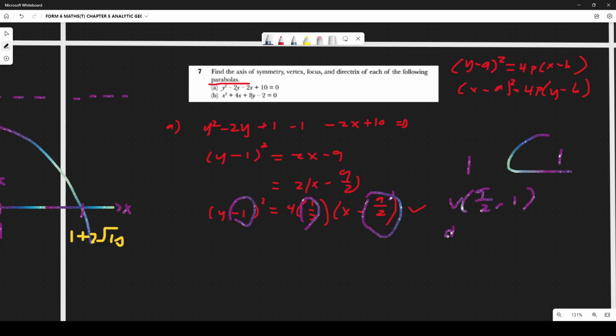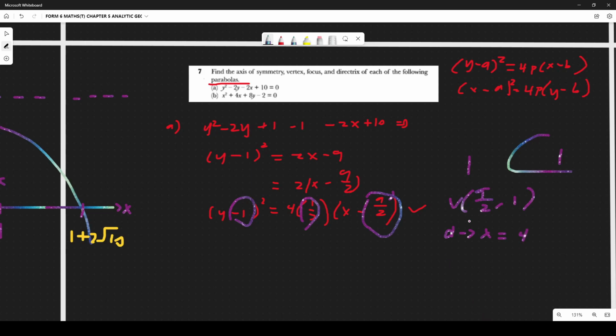Okay, so directrix will be, if you minus p, this is 9 over 2, right? So 9 over 2 minus 1 over 2, how much is it? 4. Okay, so directrix is x equals 4.